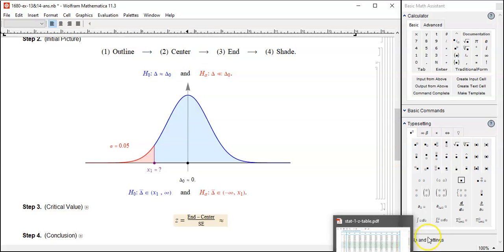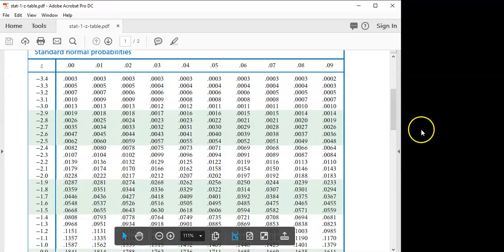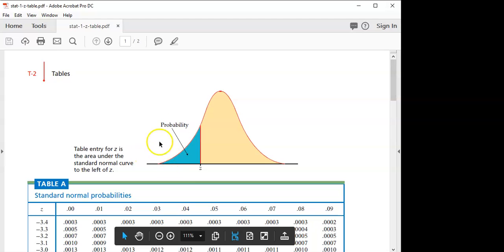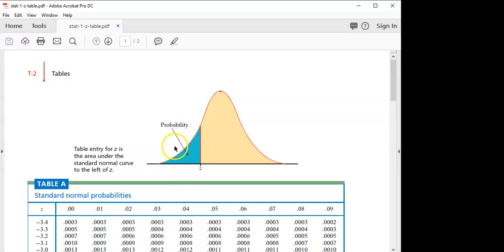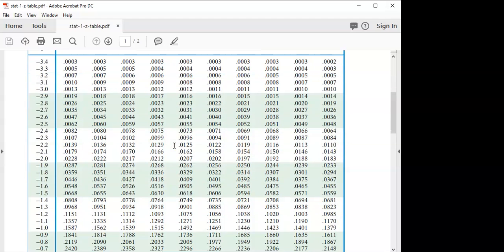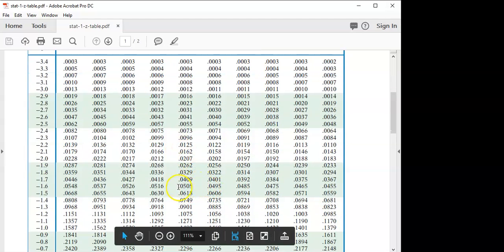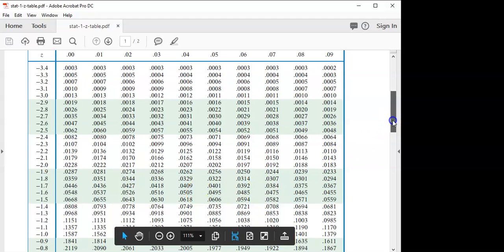Let's go to the z-table. Okay, this shading here should be 5%. Where is 5%? 0.505, 0.495. 5% is somewhere between these two. Do you see?